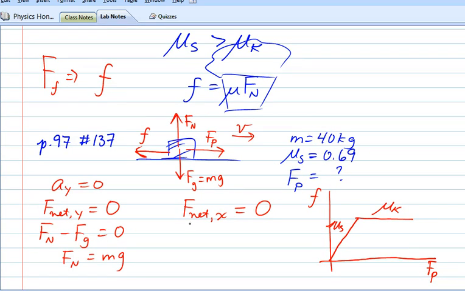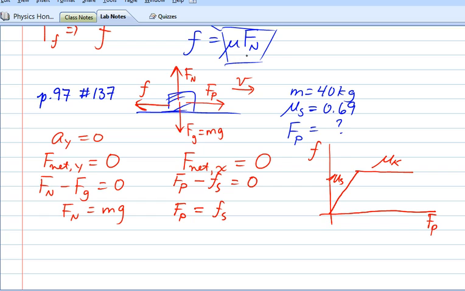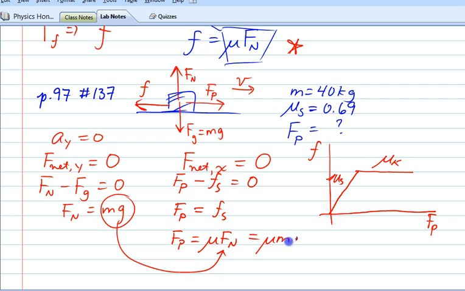Okay, so back to the problem. Basically what we have is force of the push minus static friction is equal to 0. Force of the push is what we want. It's equal to static friction, and we would be stuck except for muffin. So force of the push is mu times the normal force, and we know that the normal force is equal to mg.